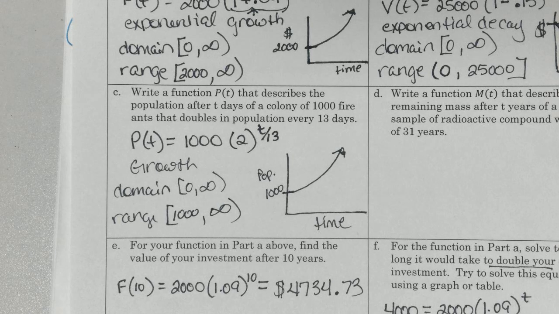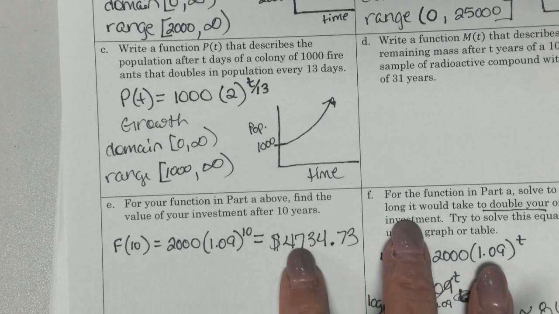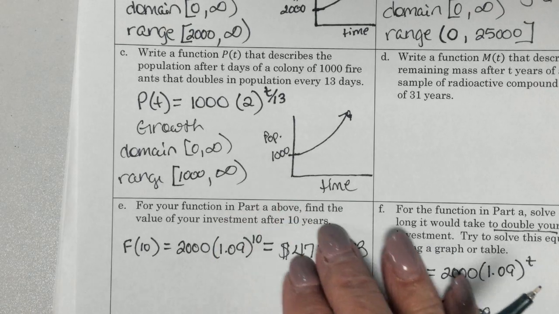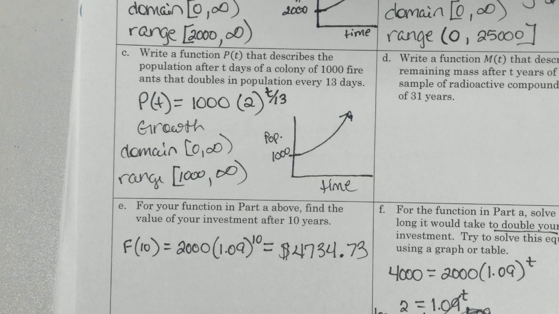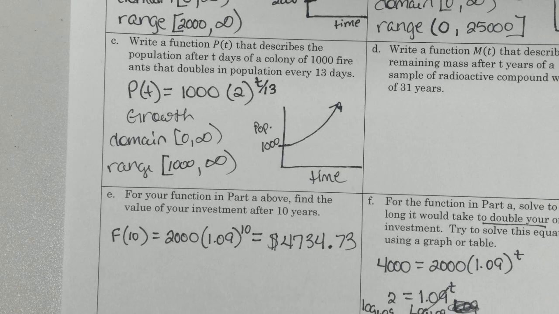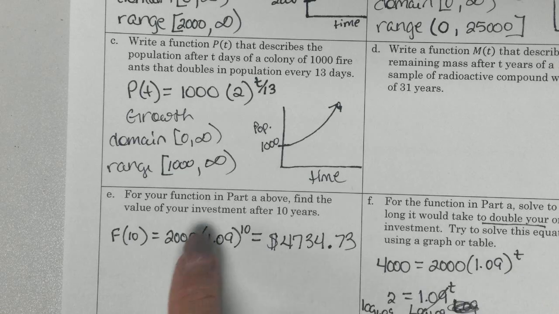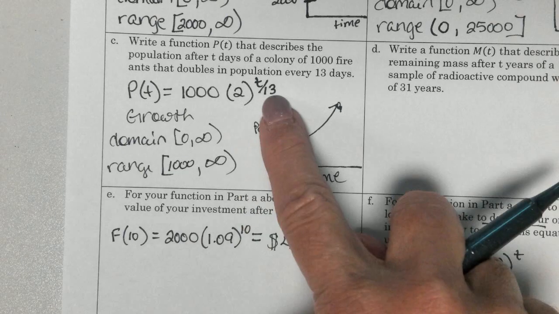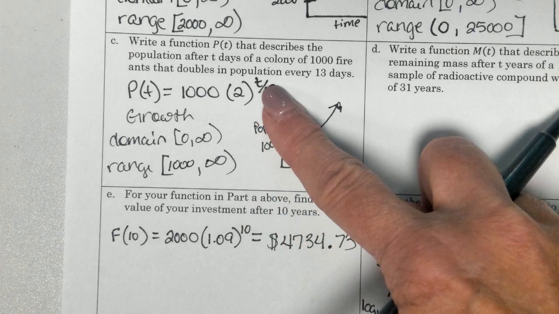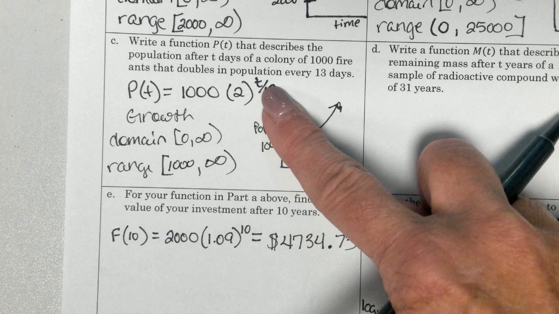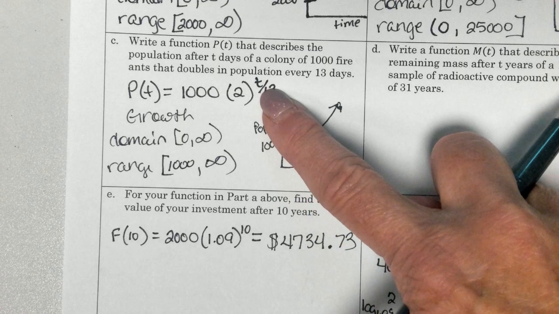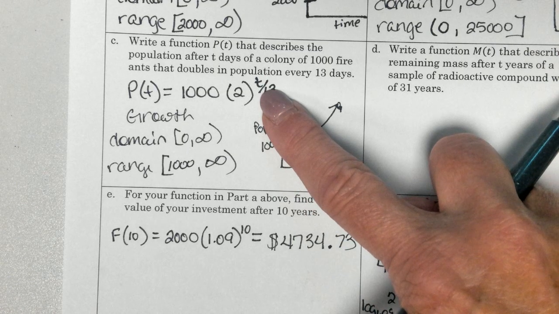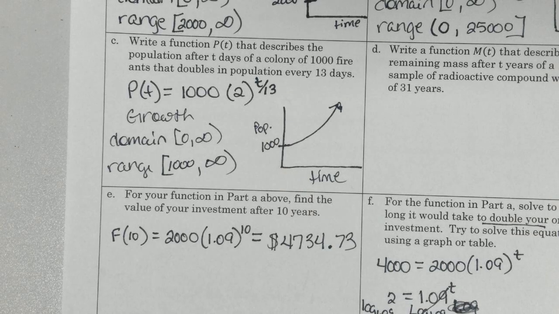Now, I'm going to skip down to part G. I want y'all to look at part G, because it says using this function rule right here, solve to find how long it would take. So we're solving for time for the ant population to reach 10,000. Okay.